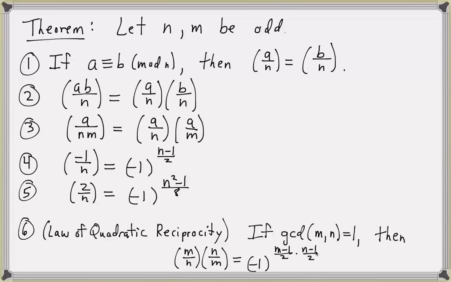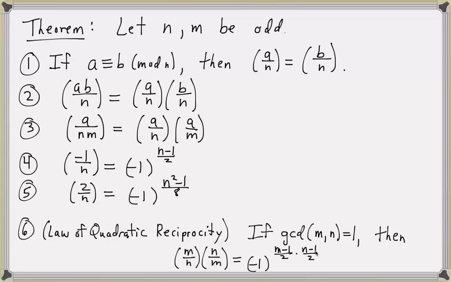So the Jacobi symbols m over n equals n over m when either m or n is 1 mod 4, and if both of m and n are congruent to 3 mod 4, then these symbols are negatives of each other. So the proofs of these properties follow from the corresponding properties for Legendre symbols.